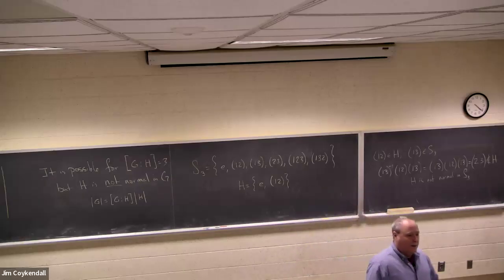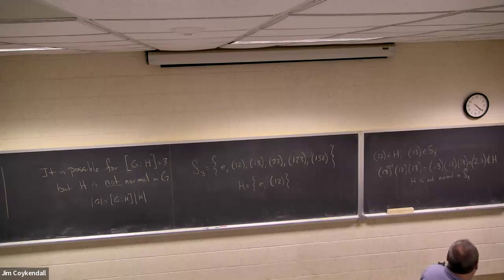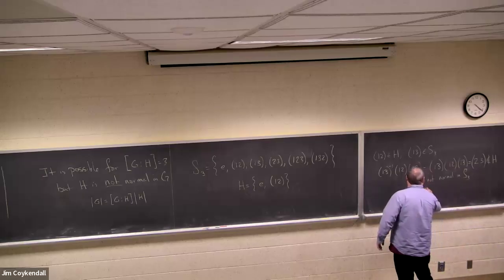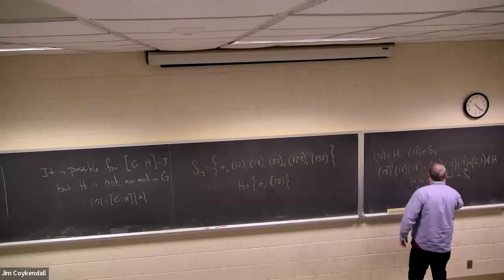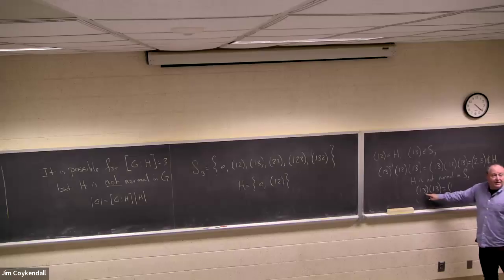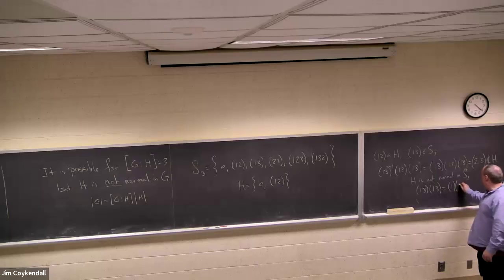Yes. Why did (1 3) inverse just become (1 3)? Because what's (1 3) times (1 3)? Well, let's do it. Where does 1 go? 3. But then 3 goes back to 1. There you go, so 1 goes to itself. There's no 2, there's no other number except 3. Where does 3 go? It goes to 1.